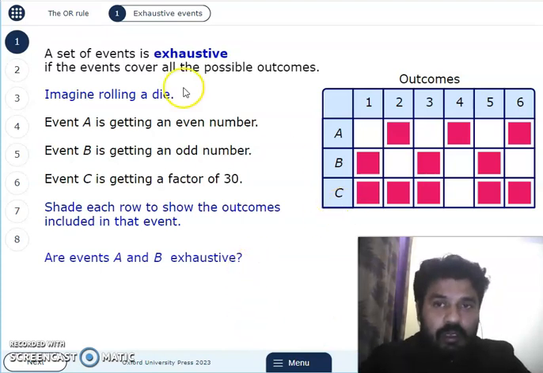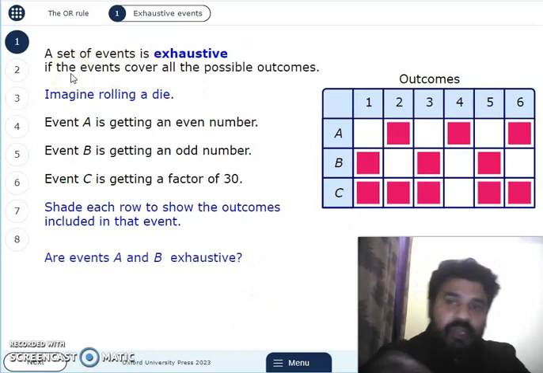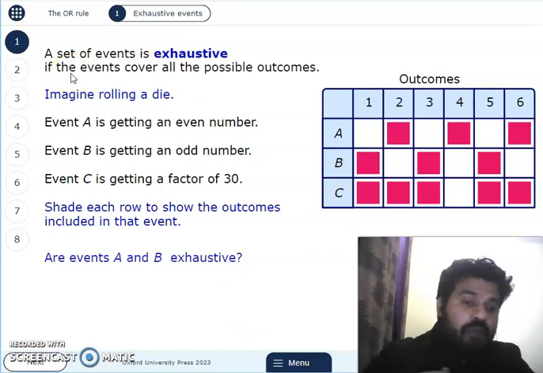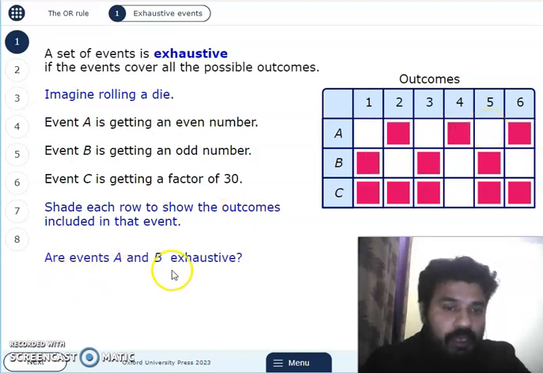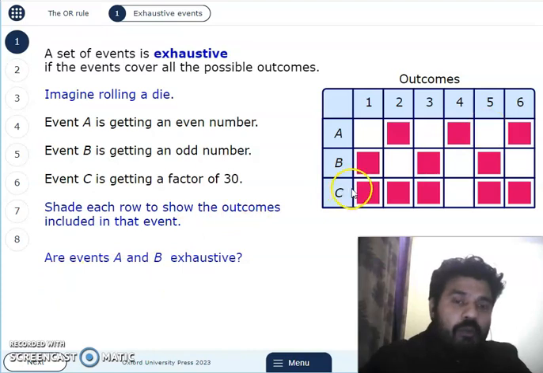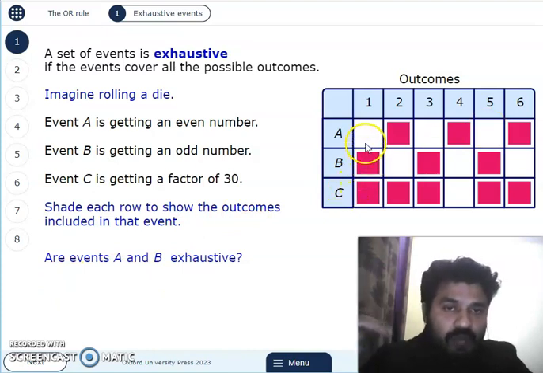As per the definition, if the events cover all the possible outcomes, see, in A, 2 is covered, 4 is covered and 6 is covered. 1 is not there, 3 is not there and 5 is not there. I am talking about A and B. So 1 is not covered in A, but that is covered in B.